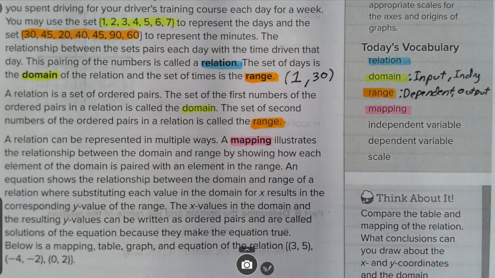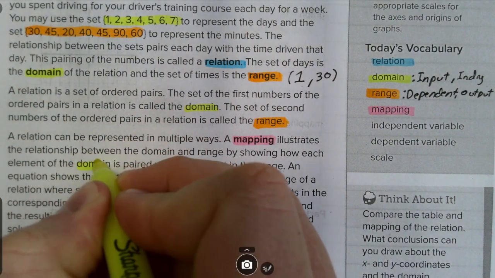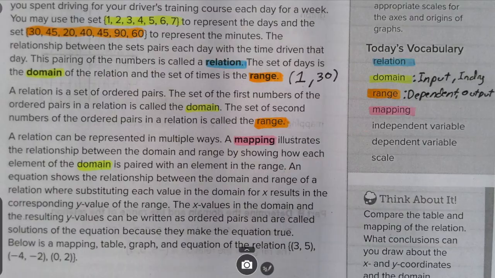A relation can be represented in multiple ways. A mapping illustrates the relationship between the domain and the range. So part of what we're going to do today is learn how to map these two points together.